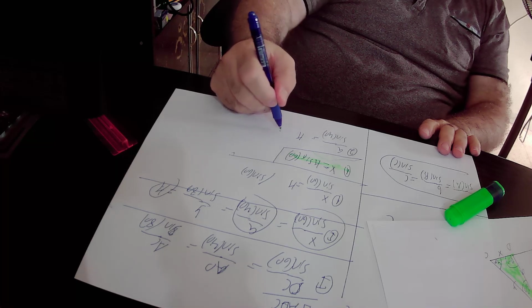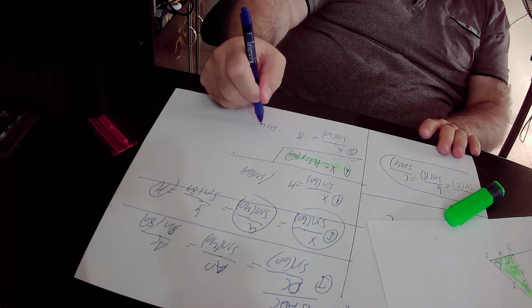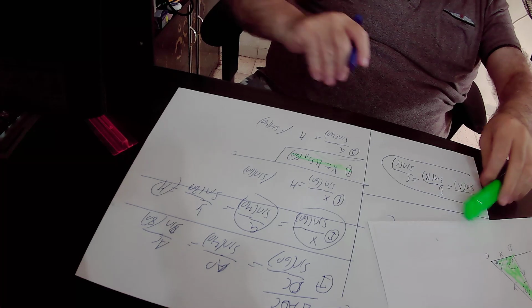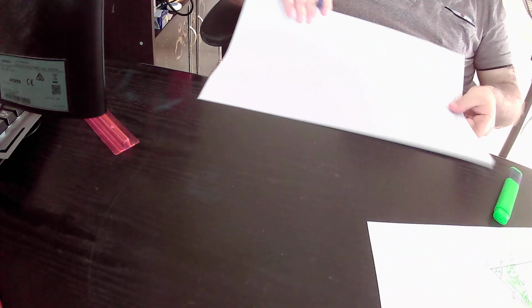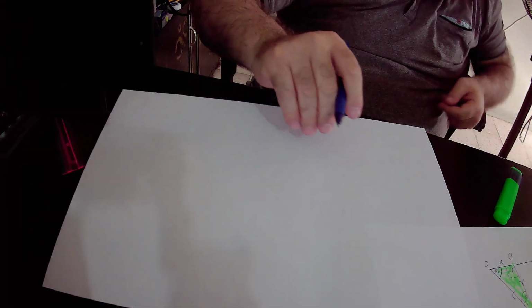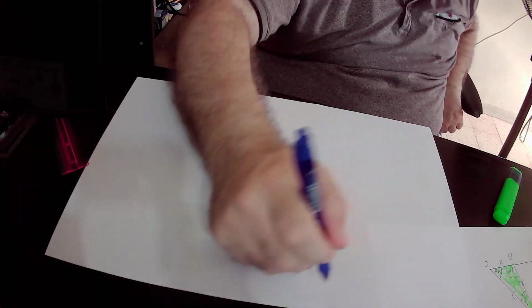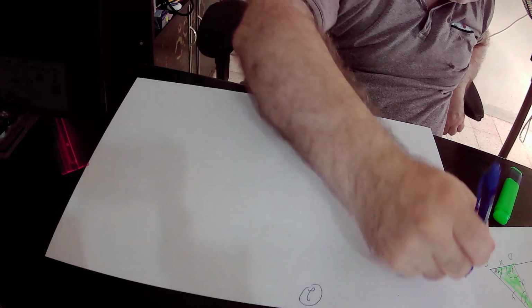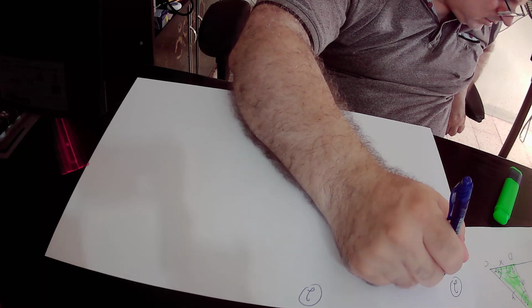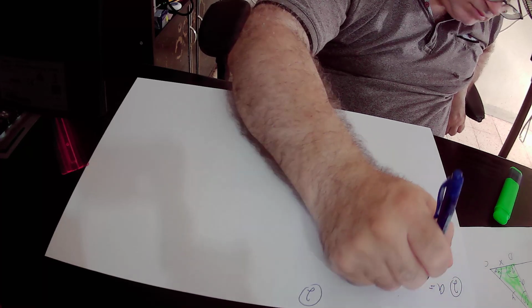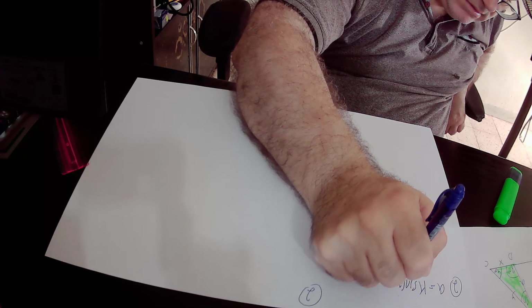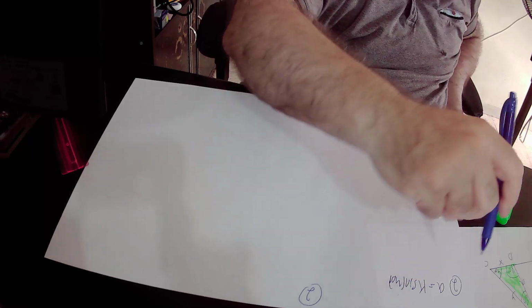Here we multiply this equation number 2 by sine 40 degrees, and we get that according to equation number 2, a equals k times sine 40 degrees.